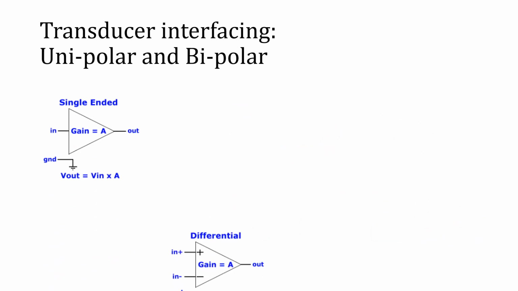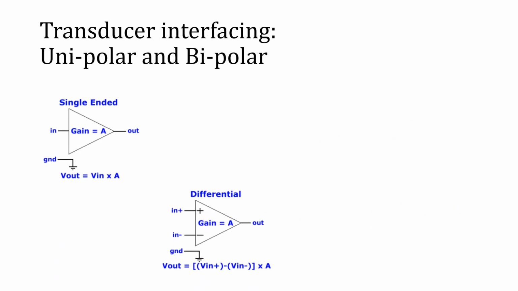like here. Now what is bipolar? Bipolar is like what we have discussed in the previous slide, when we are connecting in the bridge, or when we directly give the output of a transducer to an op-amp's two pins like this.